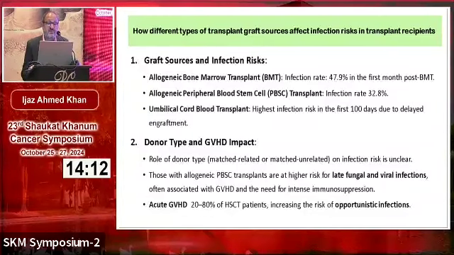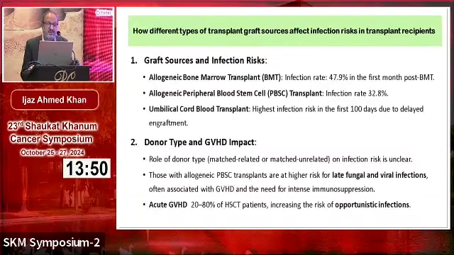How different types of transplant and graft versus host sources affect infections. One is that BMT infection rate is very high, up to 47.9% in the first month post BMT. And then infection also in allogeneic peripheral blood transplant, 32% or so.